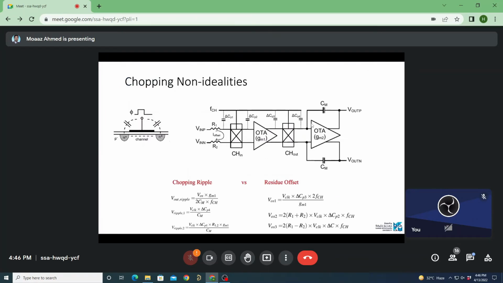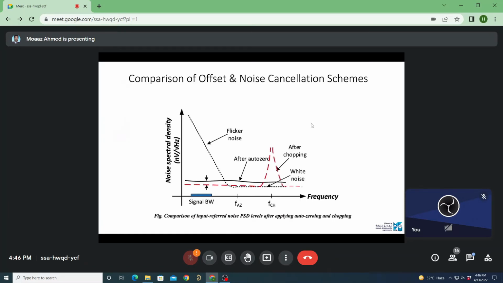So for dynamic offset cancellation, we have auto zeroing and chopping, and both have their own pros and cons. This slide explains that typically by using chopping, we can have a lower noise floor. The problem is the chopping ripple. For that, we need a low pass filter or a ripple reduction loop. We'll discuss some ripple reduction loops later on.